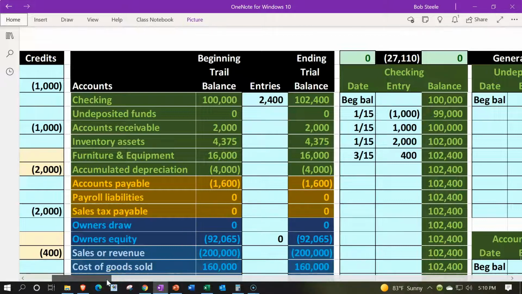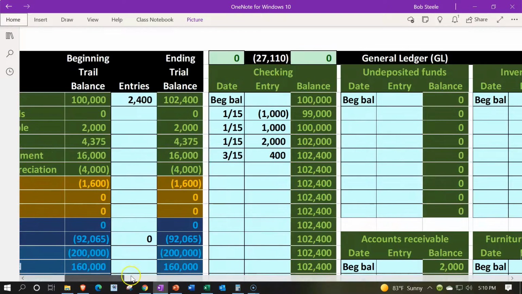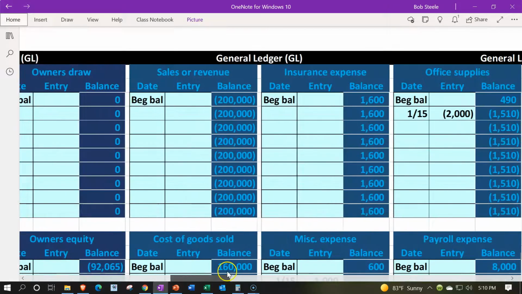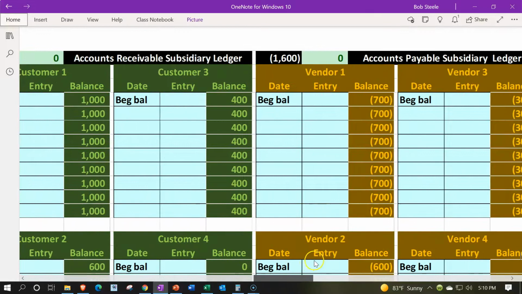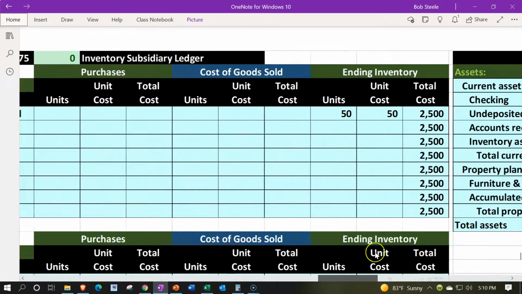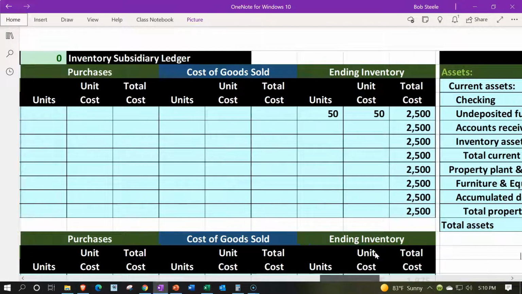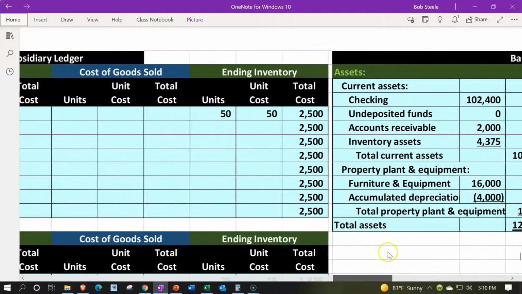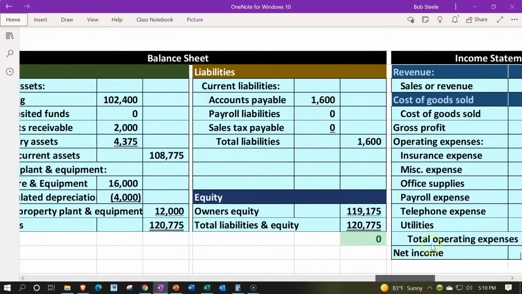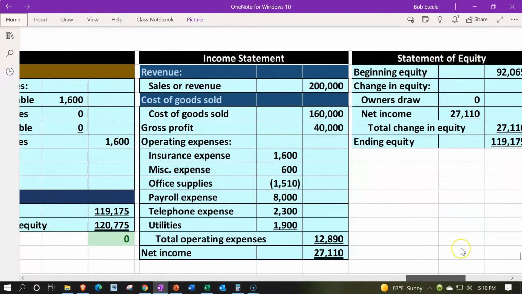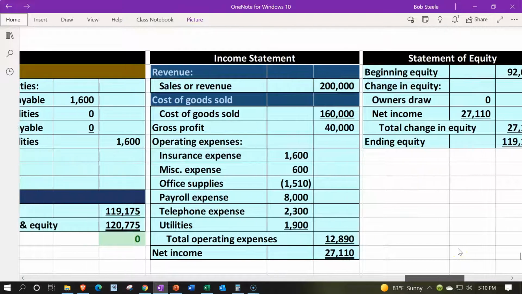Then if any accounts were impacted that also needed a subledger, like the accounts receivable, accounts payable, and the inventory, then we would be selecting those items as we enter that information. We'd use the trial balance finally to create the financial statements: balance sheet, income statement, and statement of equity.